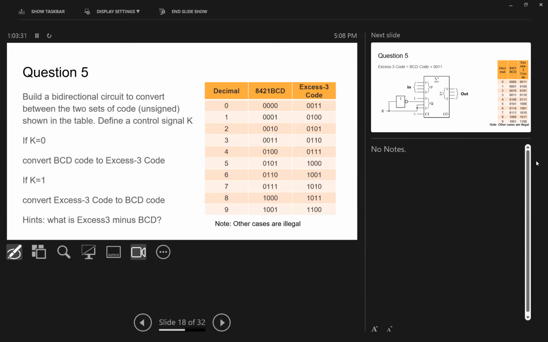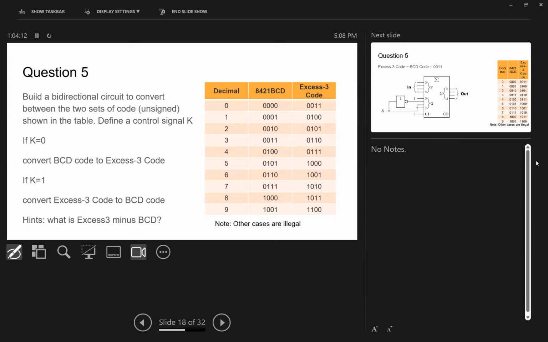But is the subtractor necessary or not? It's not, right? Because it's quite simple. Subtracting 3 from the code can be thought of as an addition as well, but the number added must be changed. Is it clear?